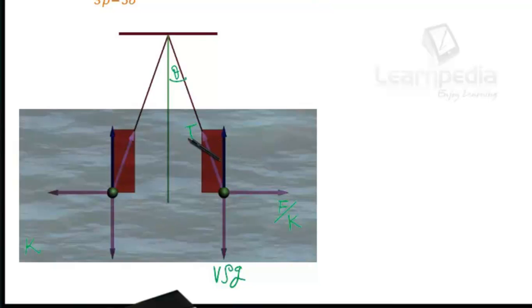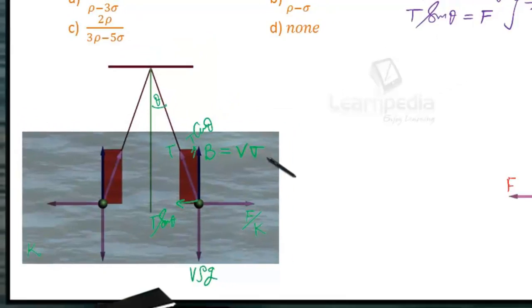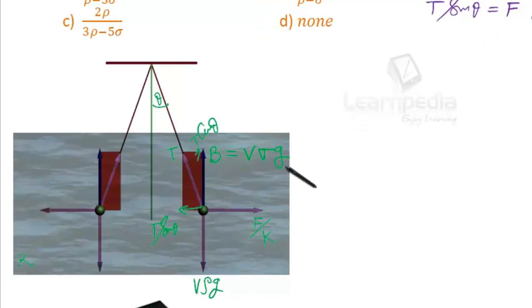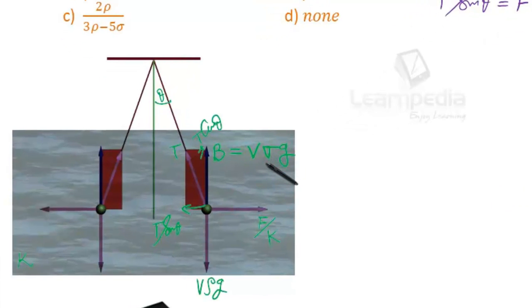The component of T in the vertical upward direction is T cos theta, and in the horizontal direction it is T sin theta. In addition to these forces, there is an additional force, the buoyant force B. The buoyant force will be the volume of the object multiplied by the density of the liquid, sigma, into g. Under the action of these forces, the object is in equilibrium.